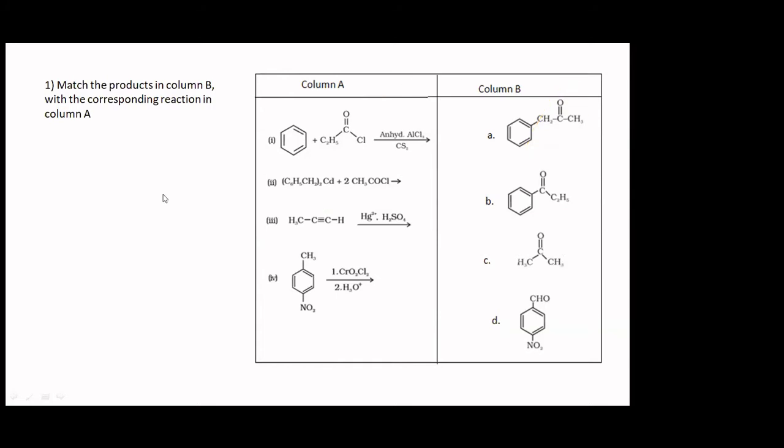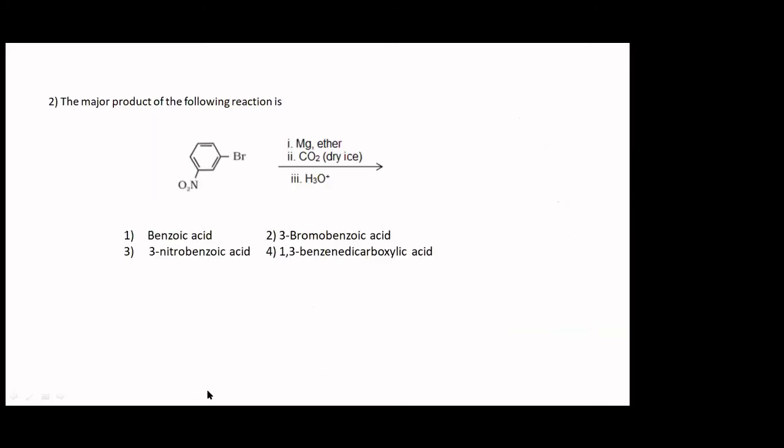Let's move on to the second question. The major product in the following reaction. This is also a simple one. We all can answer this. The major product formed in the reaction: first, you are going to get phenyl magnesium bromide. Then that is reacting with carbon dioxide. Initially, the product formed would be with magnesium at the meta position. So you will get MgBr.